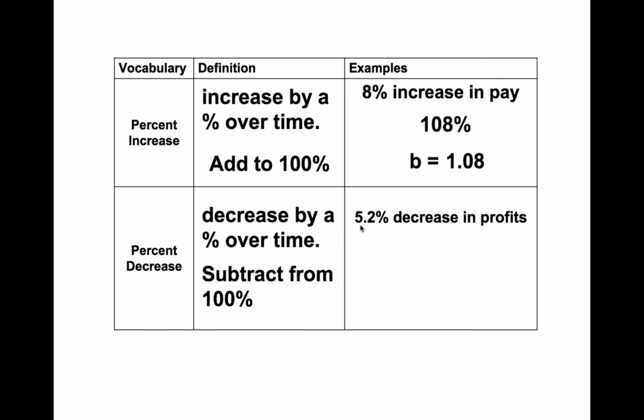So let's say a company is having a 5.2% decrease in profits. So you do 100% minus the 5.2% and get 94.8%. And then we need the decimal, so move the decimal over twice. So it's 0.948 as your percent B value.